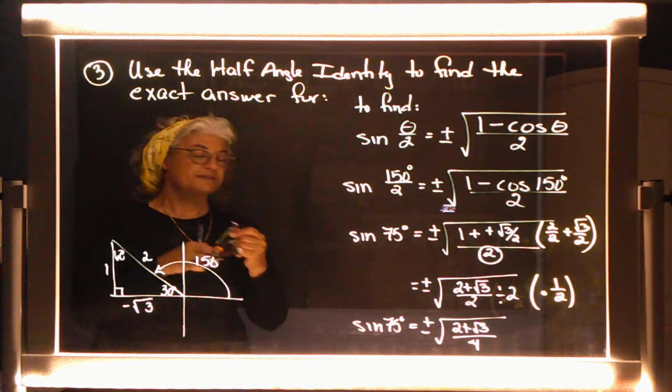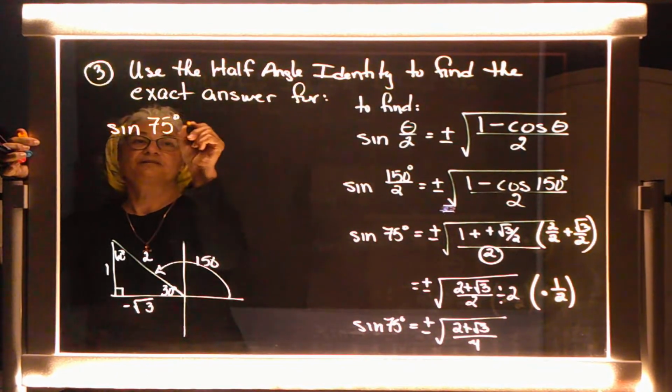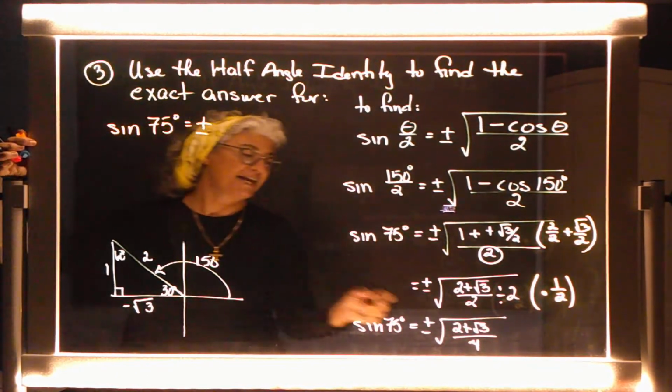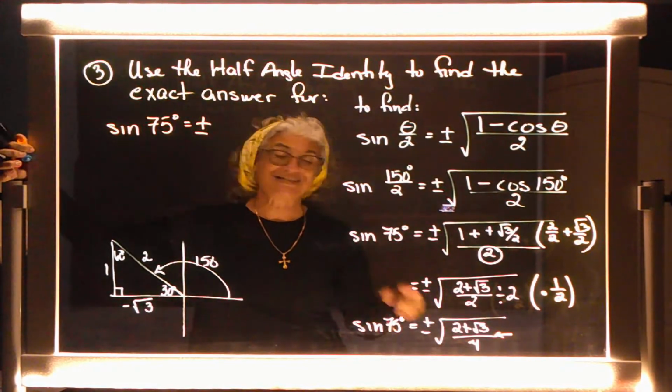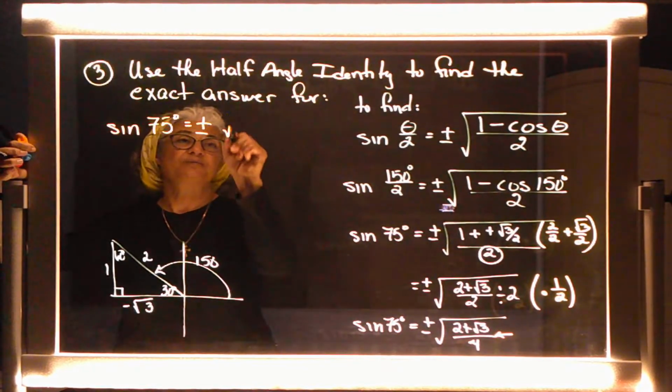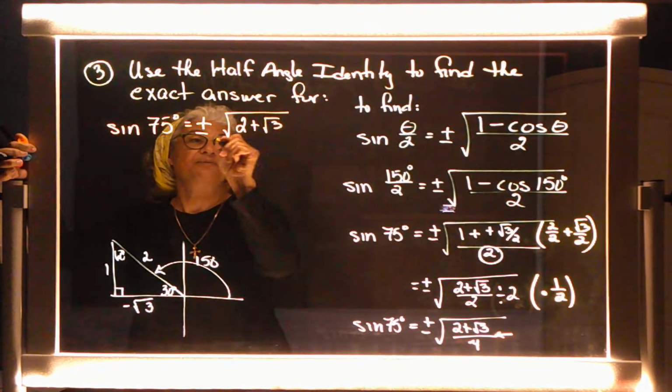Let me rewrite this. The sine of 75 degrees equals plus or minus. Now, this is a division problem, isn't it? Which means it's not glued together, which means I can separate the numerator from the denominator.